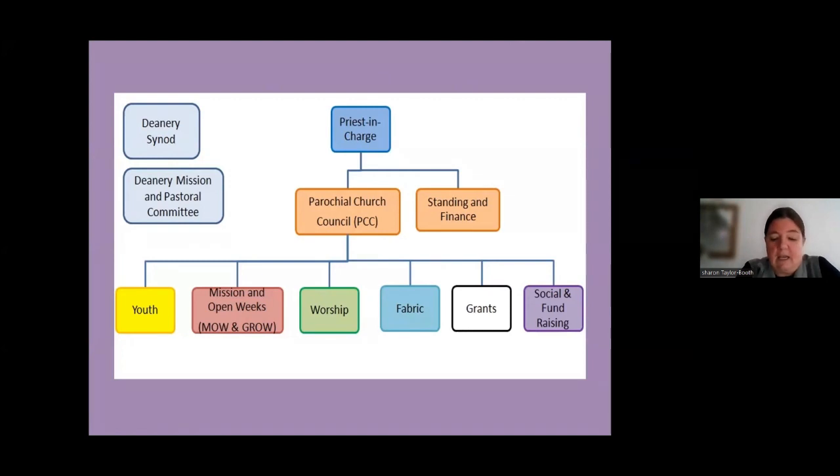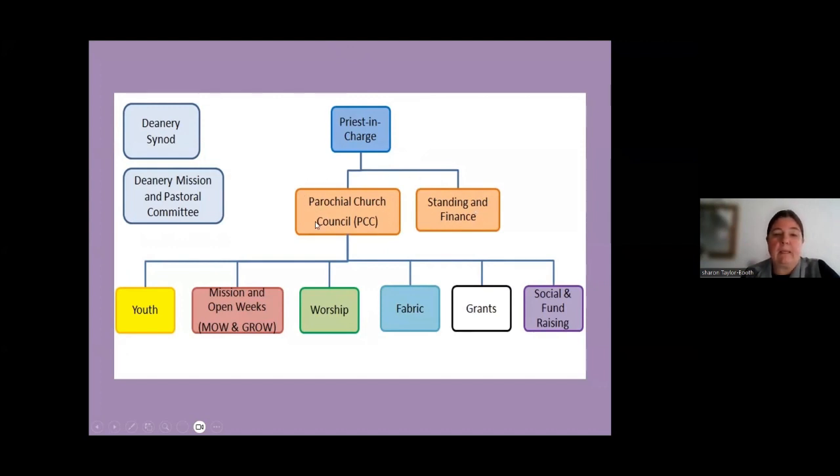Right, canonical. Okay, so this is what a parish looks like in the diocese, okay? So under church rep rules, this is what you look like. So if we look at the parish here, the priest in charge, incumbent, okay, is the head of the parochial church council, okay? You are the chairperson, if you will, okay? And as you can see here, you feed down into the PCC and the standing and finance committees, okay?